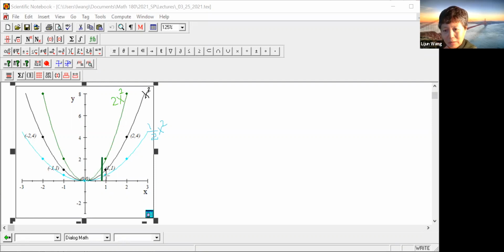Do you guys see that? That's 2x squared. That's the green. How about the blue? The blue is a half of x squared. Do we get some senses now? So that's why one picture is thinner, the other one is wider.